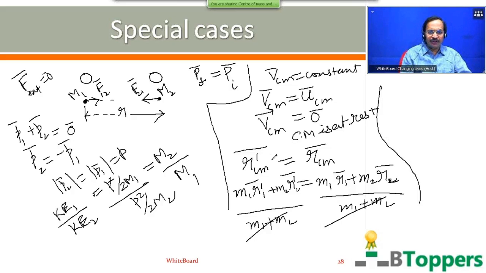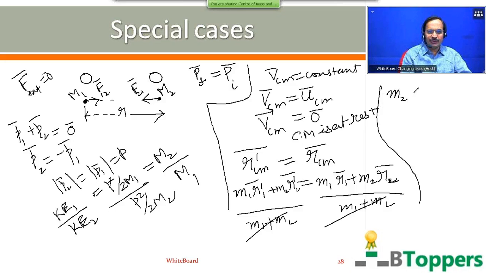Here r1 dash bar is the position vector of the final position of the first particle of mass m1. r2 dash bar is the position vector of the final position of the second particle of mass m2.